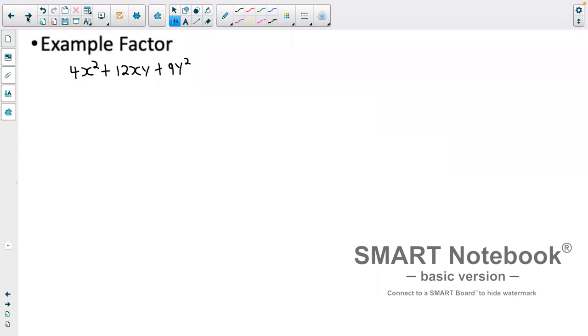So for example, factor 4x squared plus 12xy plus 9y squared. Like I said, this one we can see as a perfect square, this one as well. So we'll take the square roots of them. The square root of 4x squared is 2x.